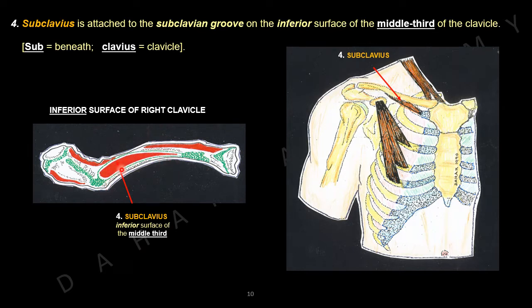If you look from the anterior view, this is the clavicle, and this is the subclavius muscle, which is below the clavicle. So the subclavius is attached to the inferior surface of the middle third of the clavicle.